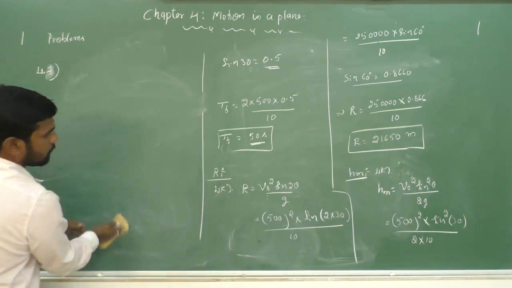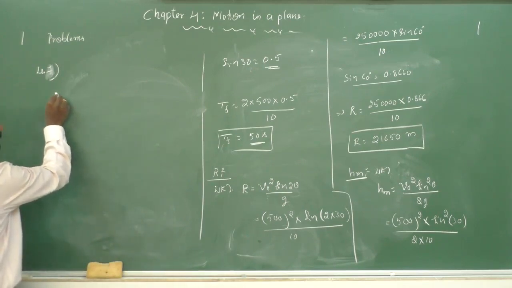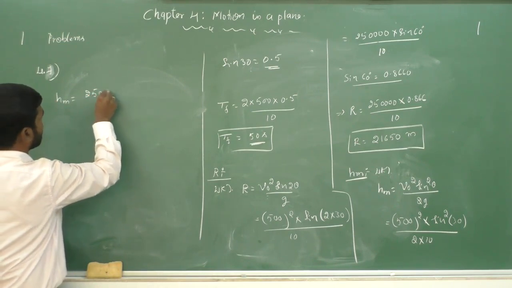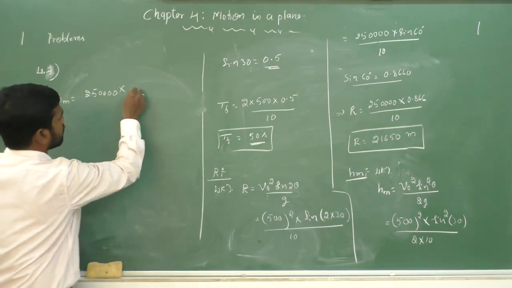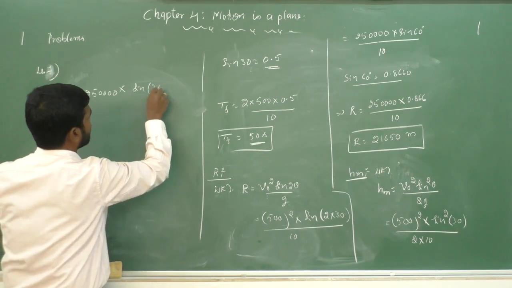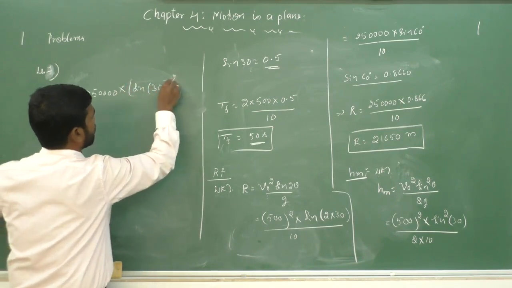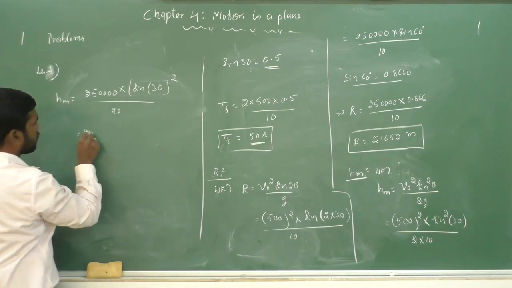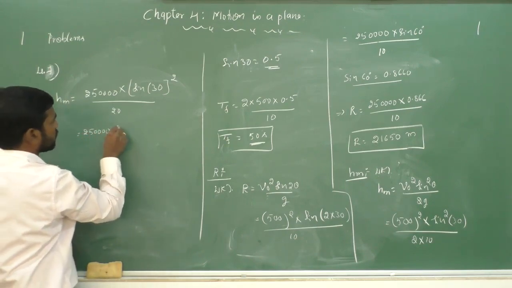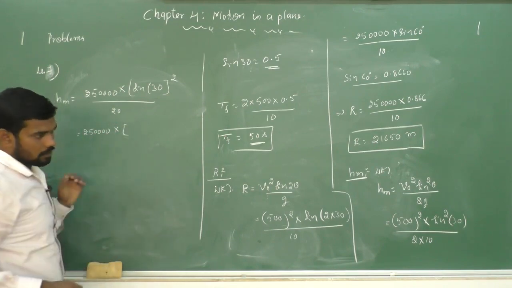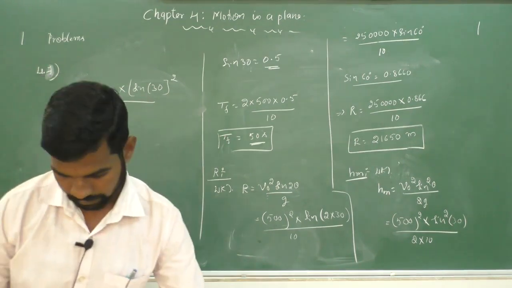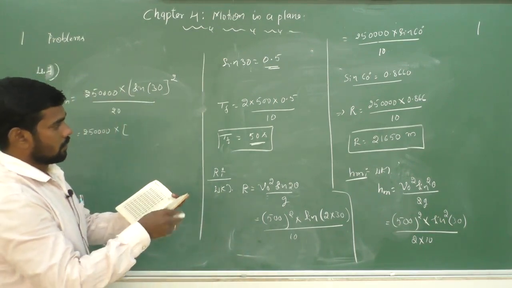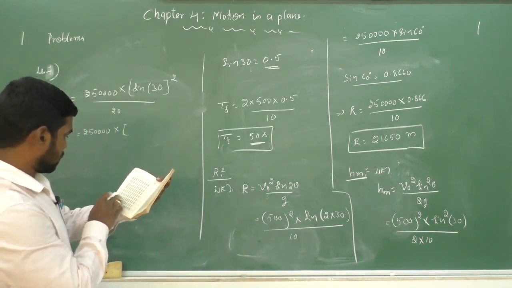Okay, simplify. So HM is given by 25,000 into sin 30 whole square, divided by 20. What is the value of sin 30? Sin 30 value is 0.5.